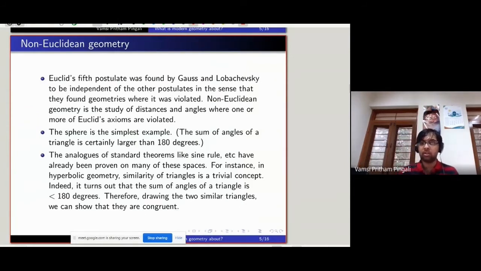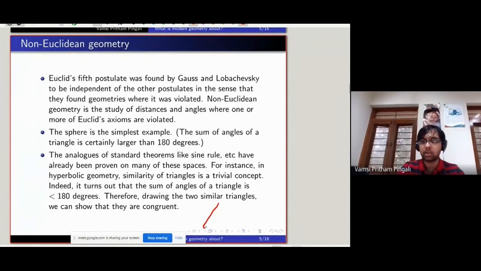Therefore, suppose you have two similar triangles. Let's take this triangle and draw the other triangle within this. Let's say they are not congruent, that is, this length is strictly less than this length. So the sum of these three angles is the same as the sum of these three angles, which is less than 180 degrees.